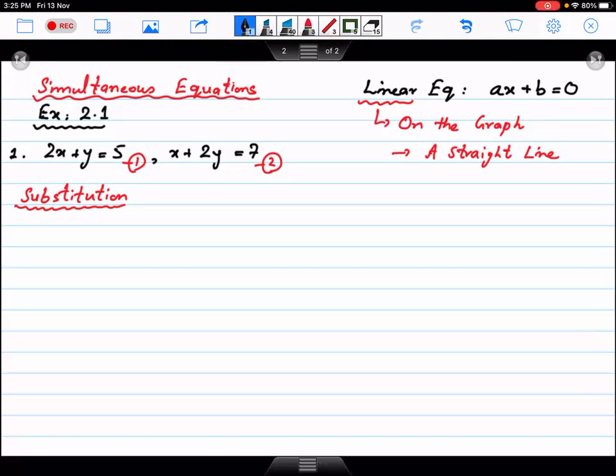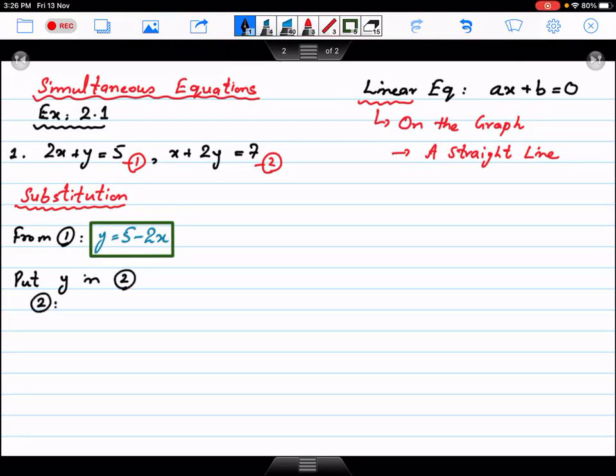So you can clearly see, if I take equation 1, if I look at the y, I can separate out the value of y. How? It should become y is equals to 5 minus 2x. Is there any problem in that? So now I have taken out the value of y from equation 1. Now I will put this y in equation 2.